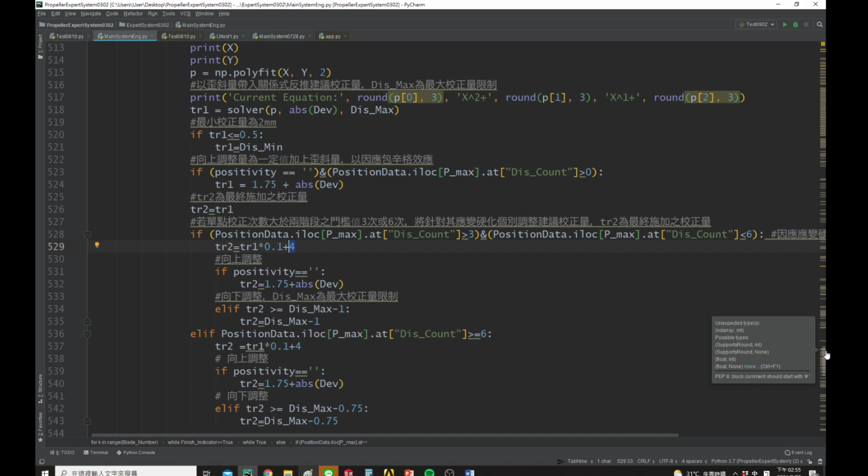So this one we solve the strain hardening problem, and then the Bauschinger effect is that when the direction is opposite, we need to make the displacement value smaller.